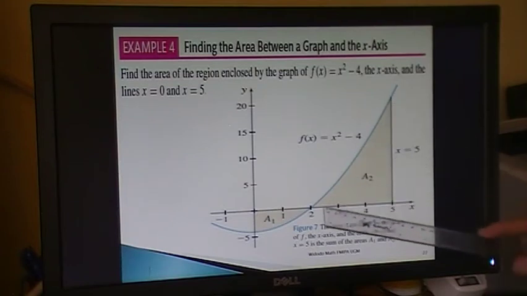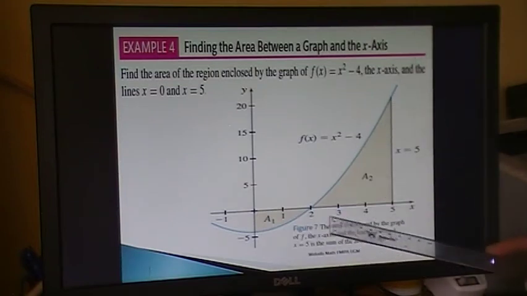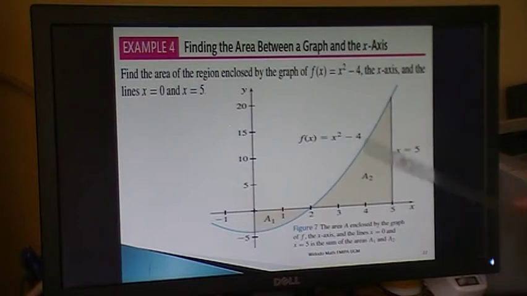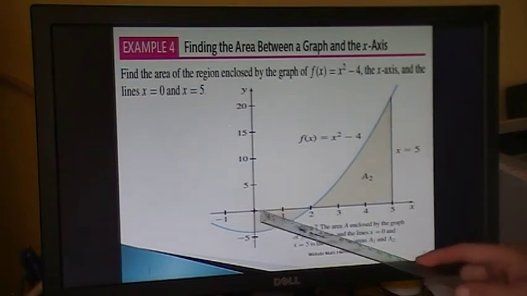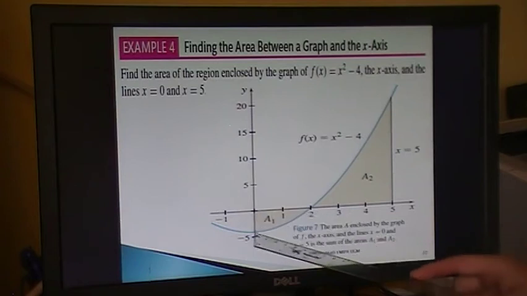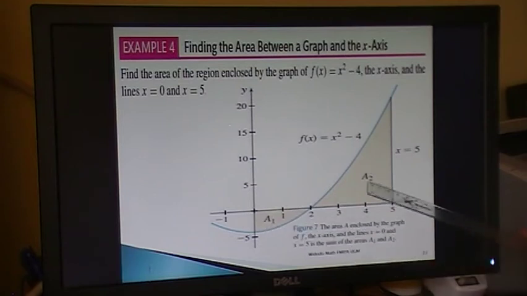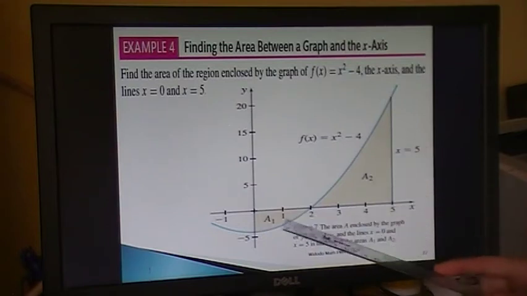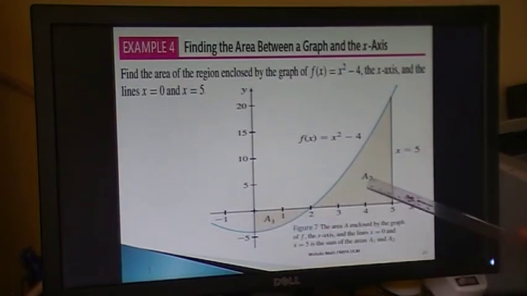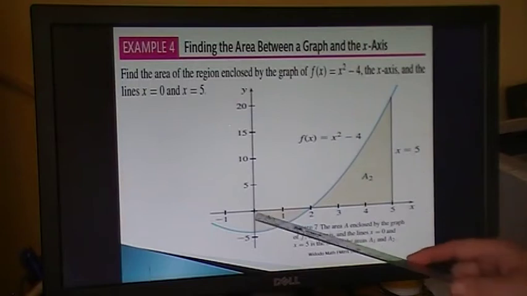The function is positive if x is greater than 2, and between 0 and 2 it is negative. We call the two regions A1 and A2. So the shaded area is equal to area A1 plus area A2. We have to count separately between these two intervals.